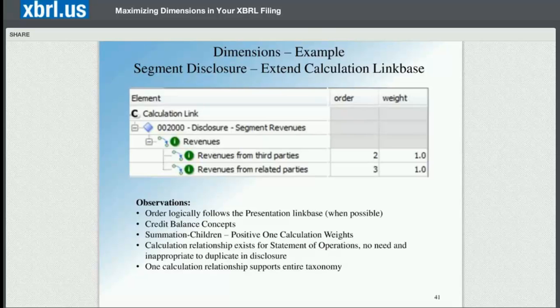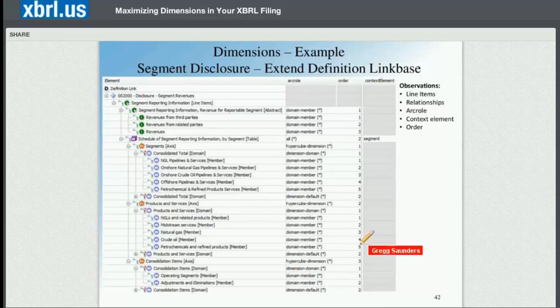Again, the calculation link base has one relationship, summation item, and it's communicating to me a very important piece of information, which is how these elements relate on a summation basis.